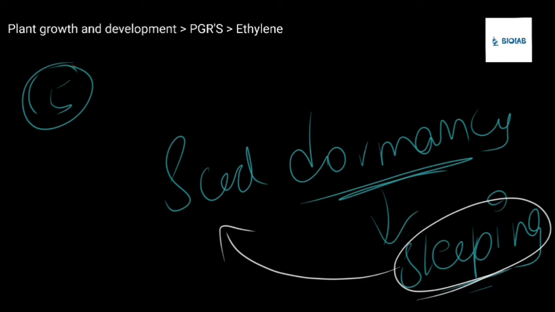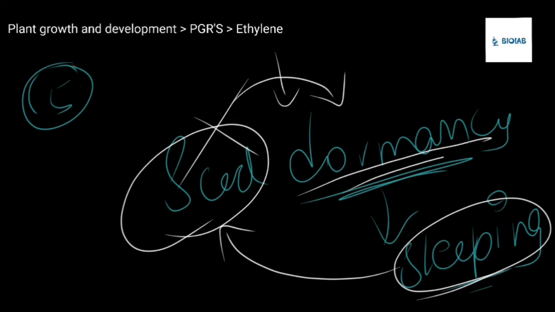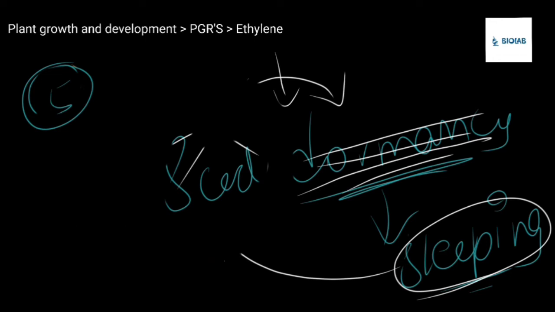If you provide all the necessary and favorable conditions for seed germination, even then the seed will not germinate as it is undergoing dormancy. If you provide ethylene to this seed, then dormancy is broken. There is no more dormancy, and the seed starts to germinate, and you will have a new plant or seedling. It breaks the seed and bud dormancy.